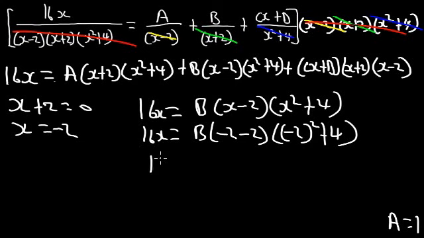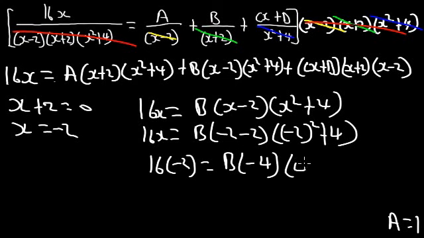That's 16 times negative 2 equals B in the bracket of negative 4 multiplied by 4 plus 4. Negative 2 squared is indeed equal to 4. 16 times negative 2 is negative 32. And negative 4 times positive 8, that's negative 32b.